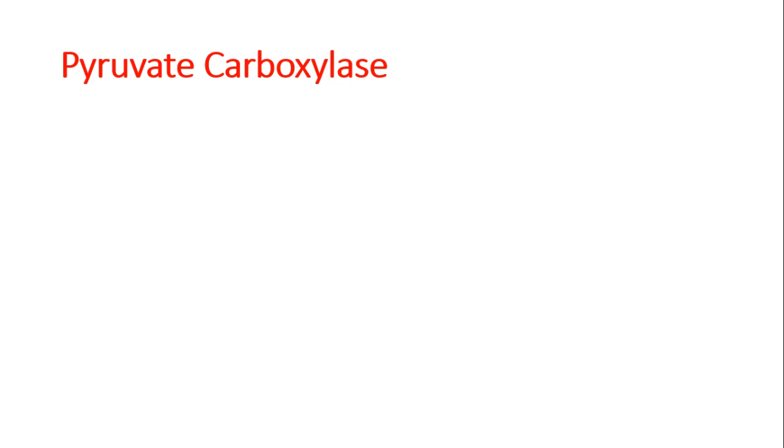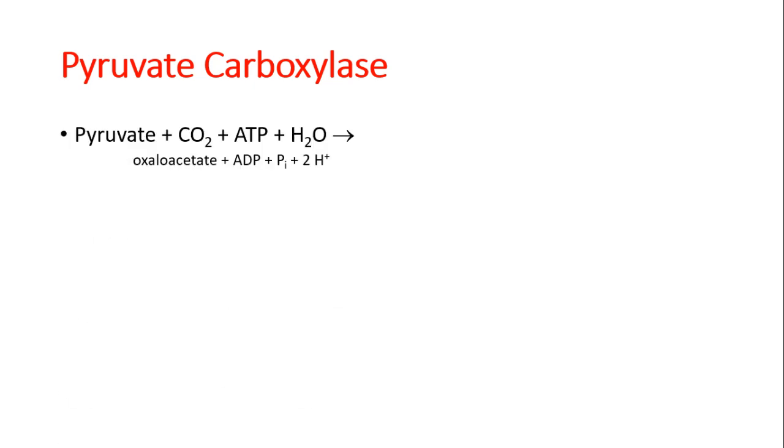So pyruvate carboxylase plays a role in the reaction between pyruvate, carbon dioxide, ATP, and hydrogen to produce what? Oxaloacetate plus ADP. So you need to understand that one phosphate group will be lost on this guy to produce ADP, a phosphate group, and two hydrogen ions.